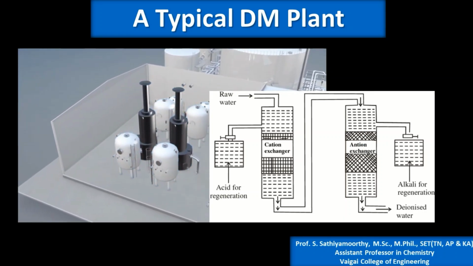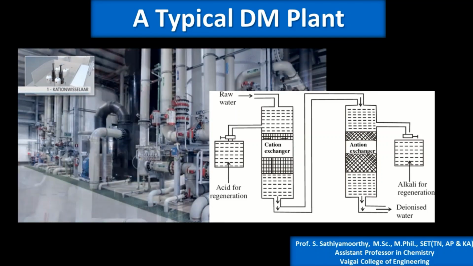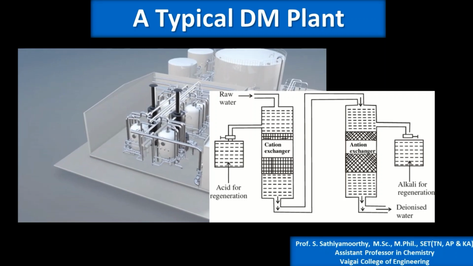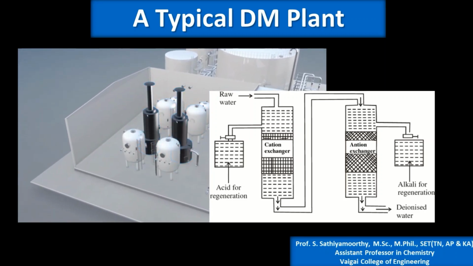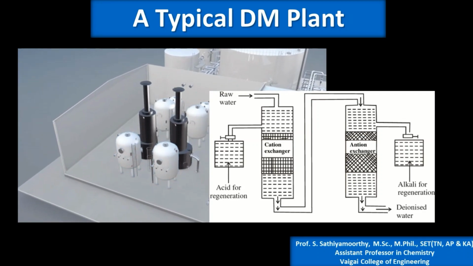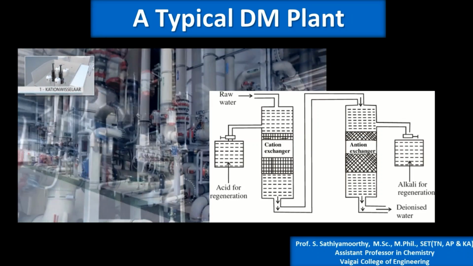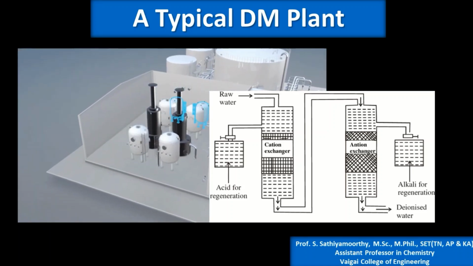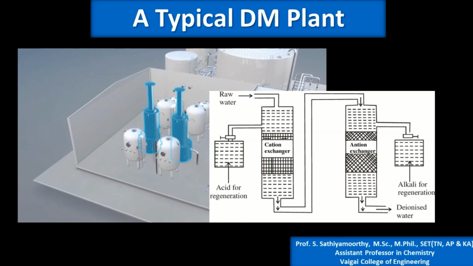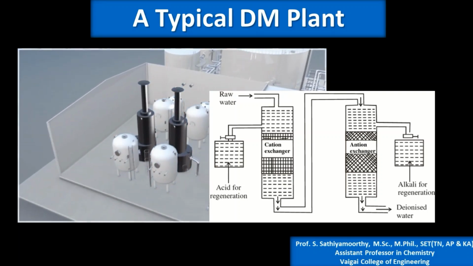Then water free from cations is passed through the anion exchanger or anion exchange resin. So this is the flow of the water, and please note that there are two different containers. One is attached to the cation exchange resin containing acid, and the other one is attached to the anion exchange resin containing alkali. So keep it in mind.